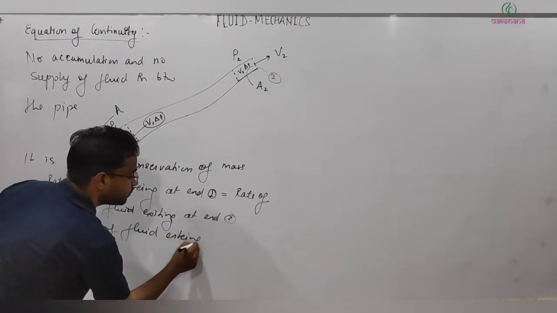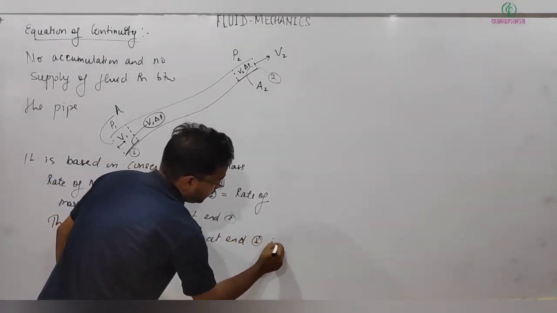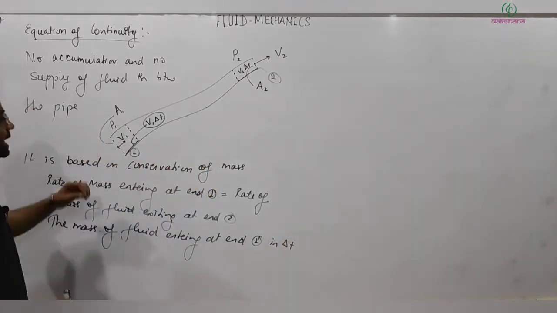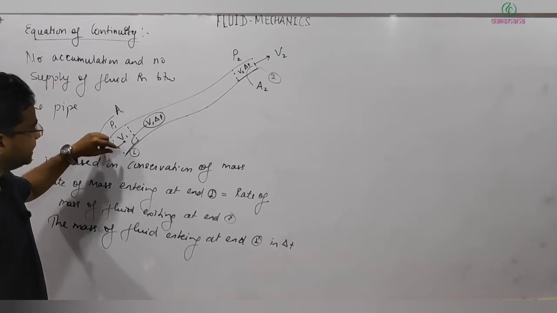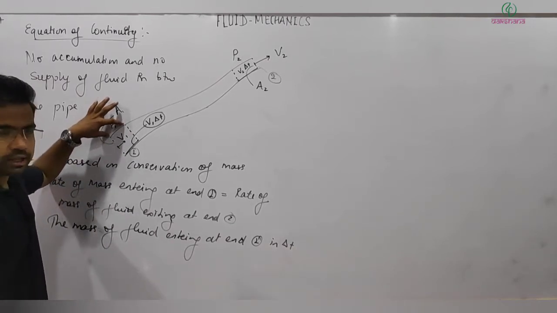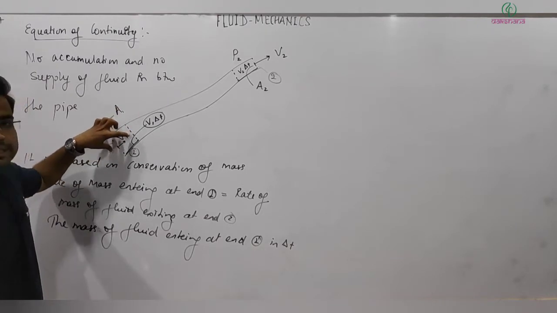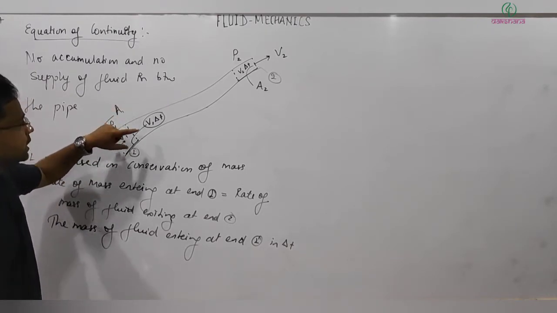So we can write the mass of fluid entering at 1 in delta t. Because the area is a1 and it is moving with velocity v1, and I am assuming a very small interval so the velocity remains almost constant, the distance traveled is v1 delta t.